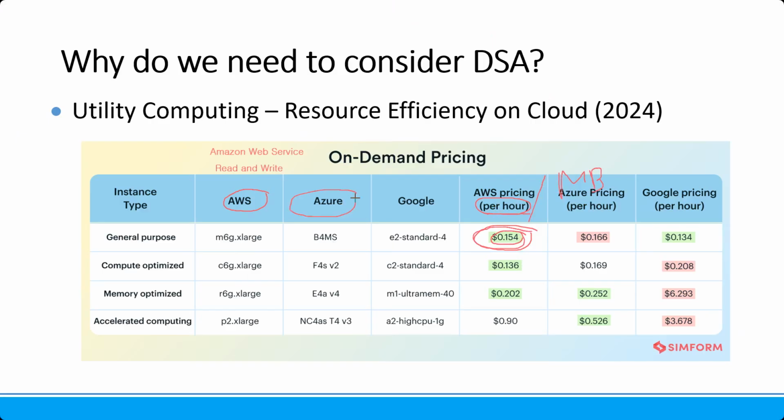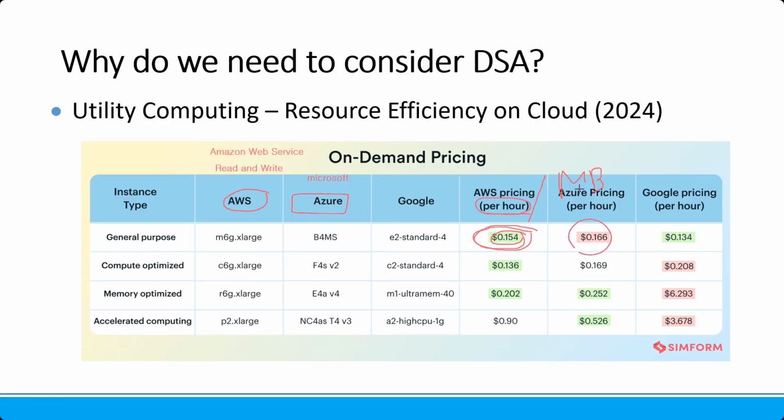Azure is from Microsoft. Microsoft Azure. So you can save your data also in the Microsoft Cloud. Google Cloud also provides the service to save your data and you can read and write your data. And you can see the pricing.